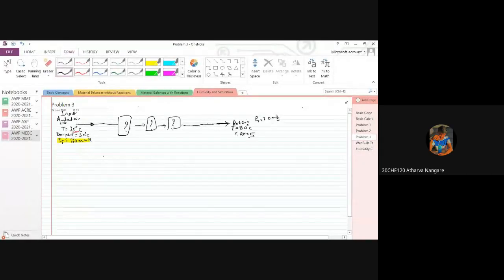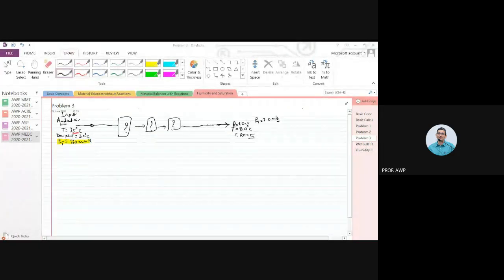Yes, sir. Right. So first of all, if you look at the input air, temperature is 35 degrees centigrade, dew point is 30 degrees centigrade. Let's look at that in terms of the humidity chart. Now let me share the humidity chart as well.